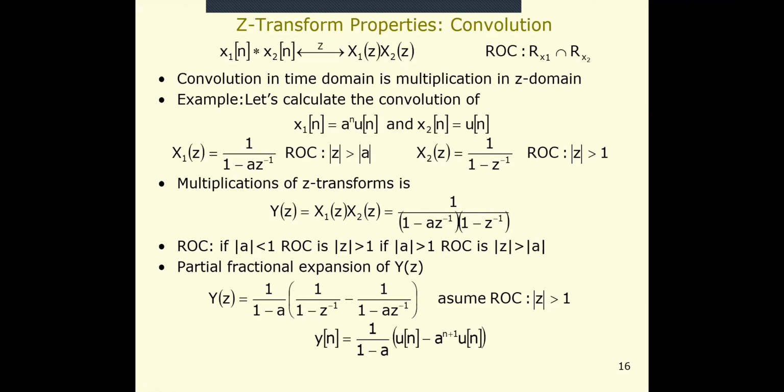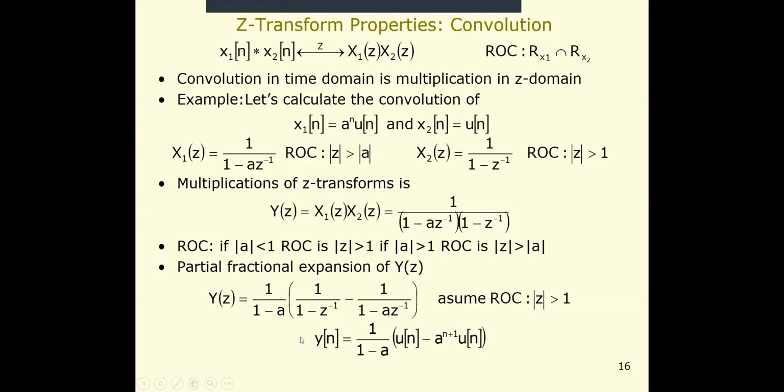This is the use of the convolution property. By now, we have Y of z. The remaining is to simplify this equation and apply the partial fraction expansion to get the final y of n, which represents the result of the convolution.